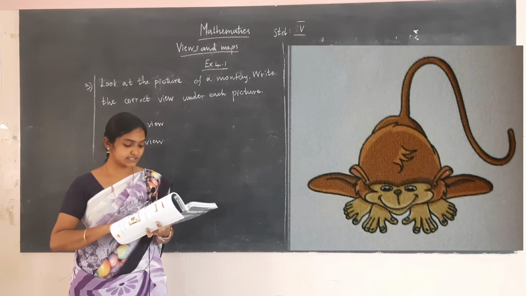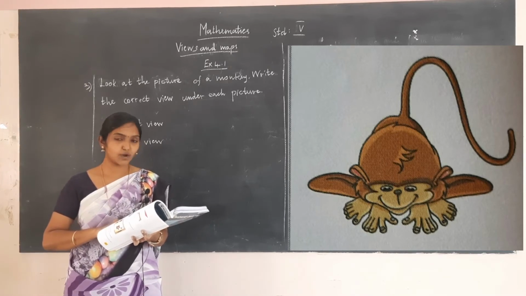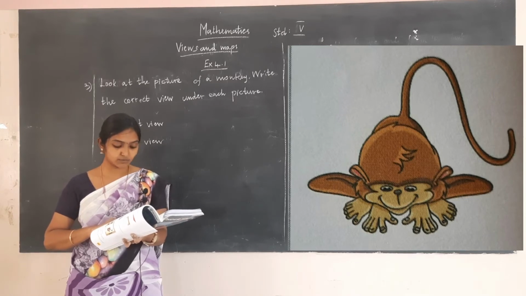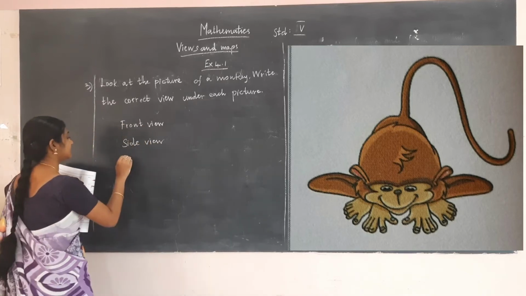In the next picture, the monkey's view is front view. Only the neck and the face of the monkey is down. It is also front view of the monkey.